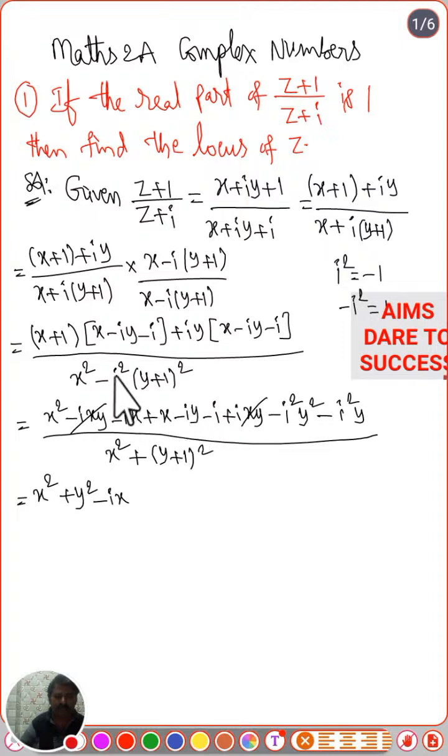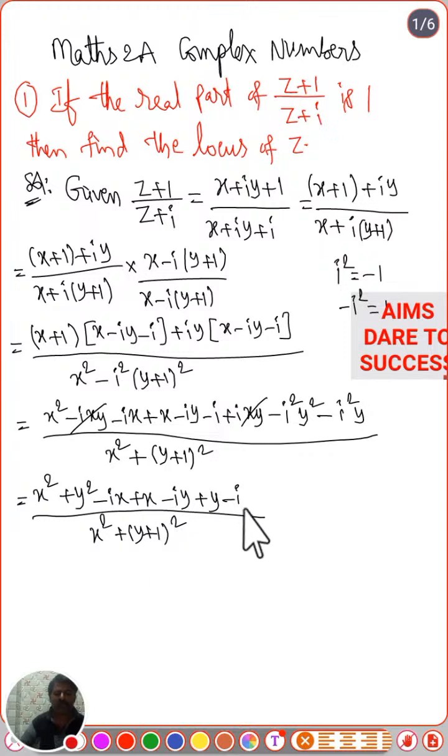then ix plus x. Next minus iy, here minus i square is plus 1, so plus 1 into y. Next the remaining part is minus i, divided by x square plus (y plus 1) whole square. Don't disturb this one.